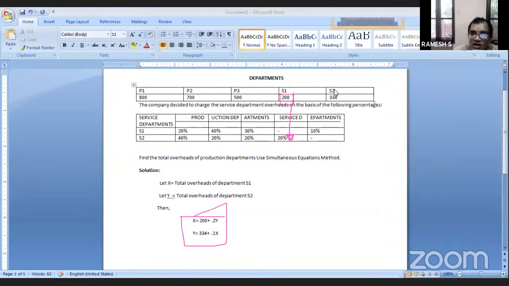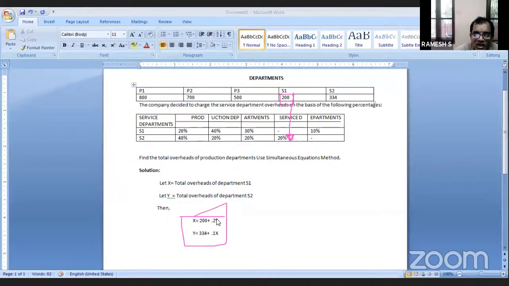Similarly, service department S2 expenses you have to assume as y. Now coming to derivation of the first equation. So x is equal to, in S1 department 200 rupees fixed constant expenditure is there, that you have to mention. So 200 plus, against this one what is the percentage given? 20%. 20% means 20 by 100 will give us 0.2.